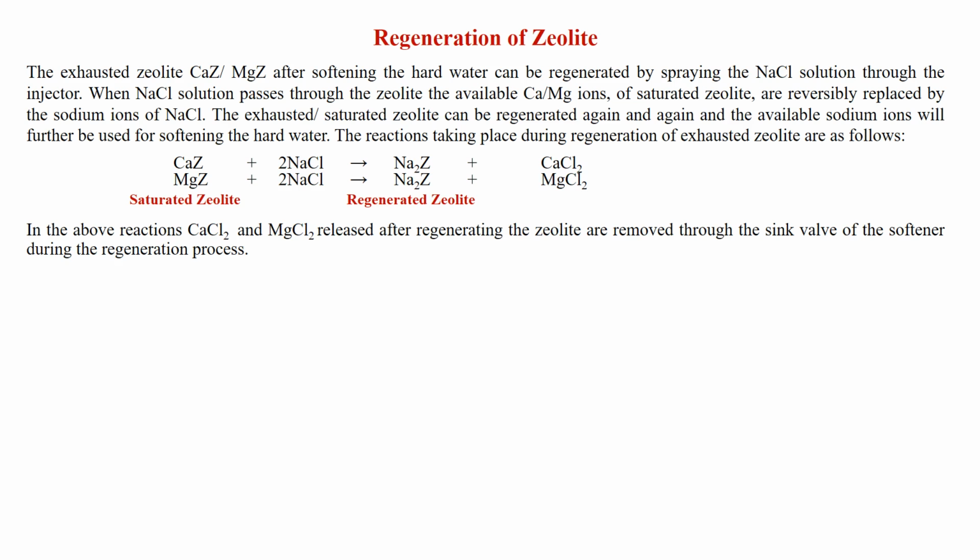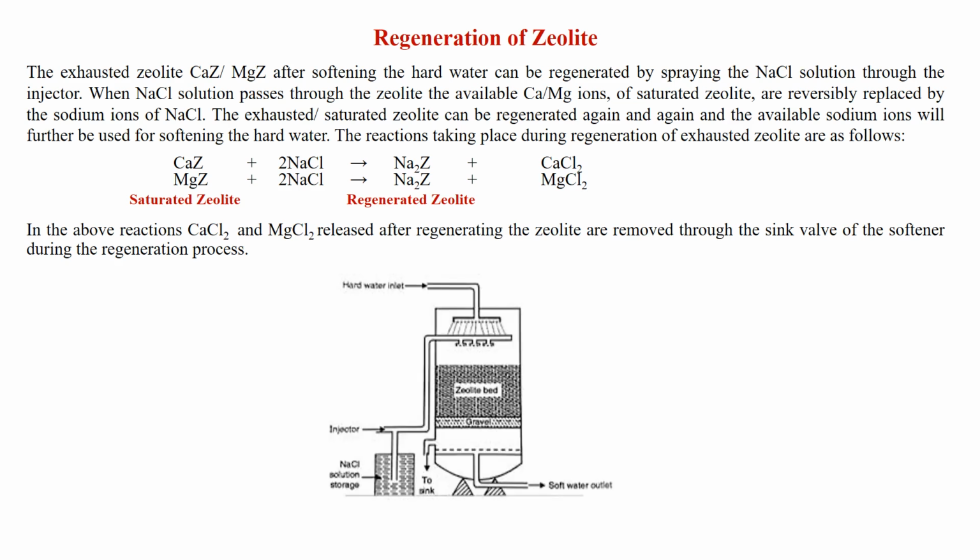When brine solution NaCl is sprayed over the saturated zeolite, regeneration takes place and we get the regenerated zeolite, again represented as Na2Z, while the washings of the regeneration are rich in calcium and magnesium salts, as calcium chloride and magnesium chloride, and they are removed by the sink valve of the softener during the regeneration process.